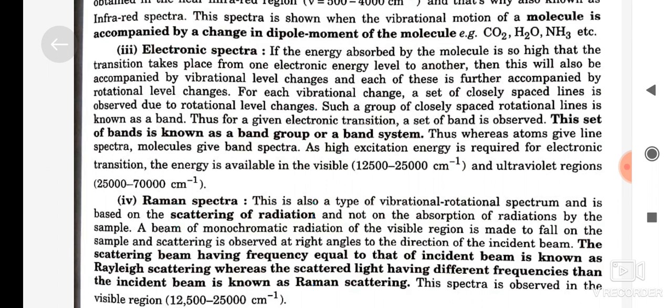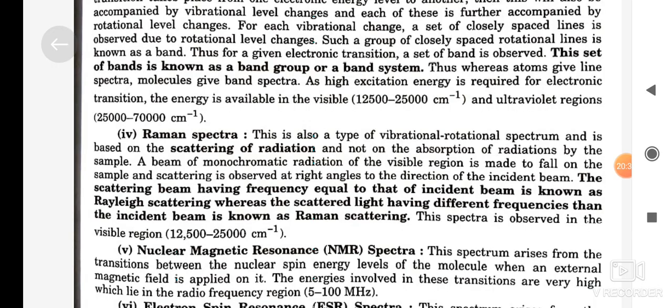Such a group of closely spaced rotational lines is known as a band. Thus, for a given electronic spectra, a set of bands is observed. This set of bands is known as a band group or a band system. Thus, whereas atoms give line spectra, molecules give band spectra.